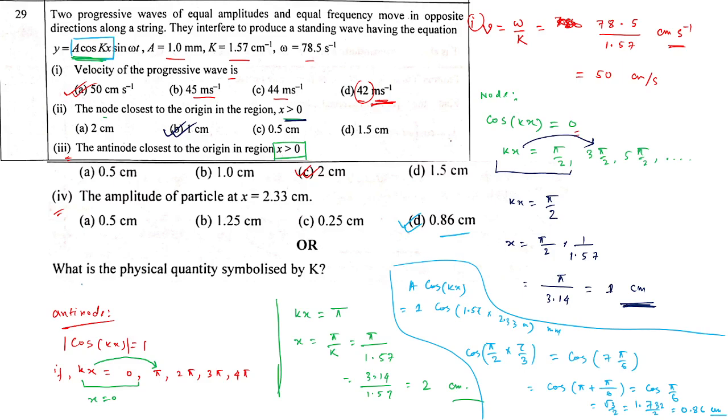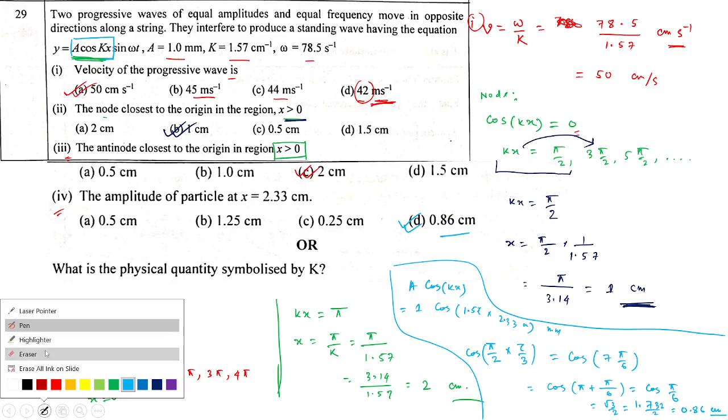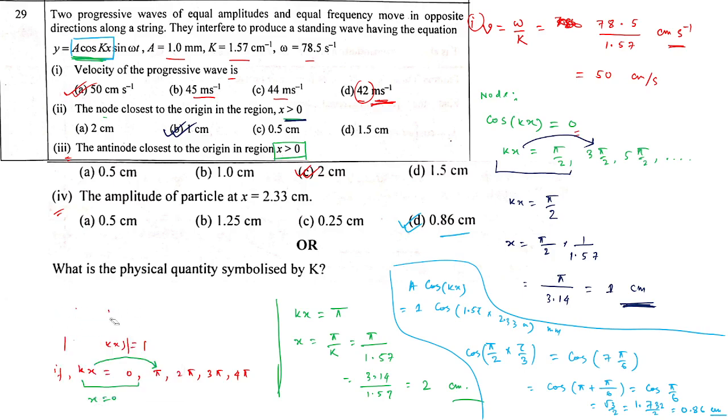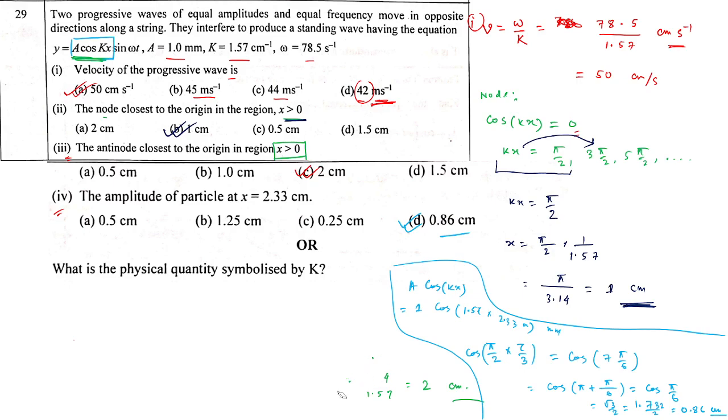Now our next question is, what is the physical quantity symbolized by K? Okay, before that let me erase this to have some space. You know K is 2 pi by lambda.